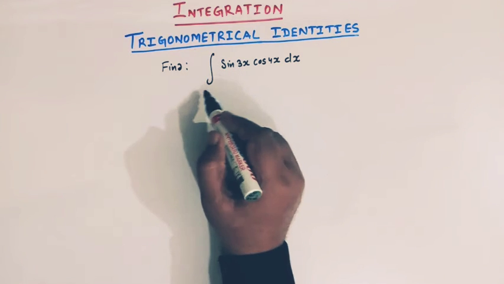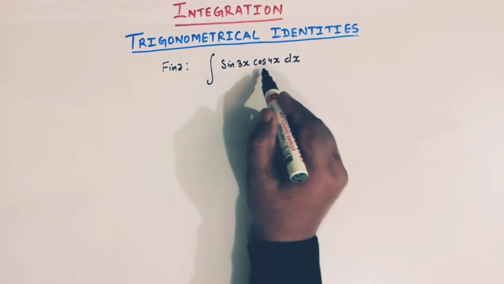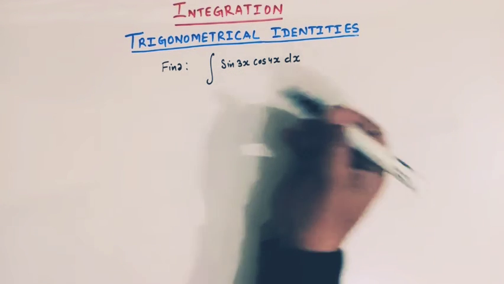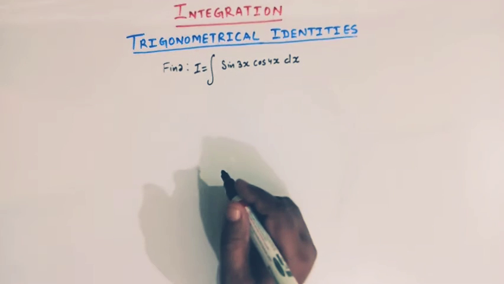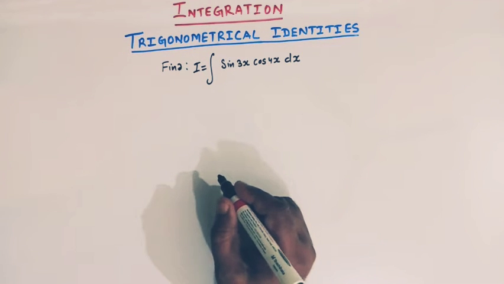Now here we have this problem. We have to integrate sine 3x cos 4x, right? So let us first call this integral I. Now here we'll use the identity.